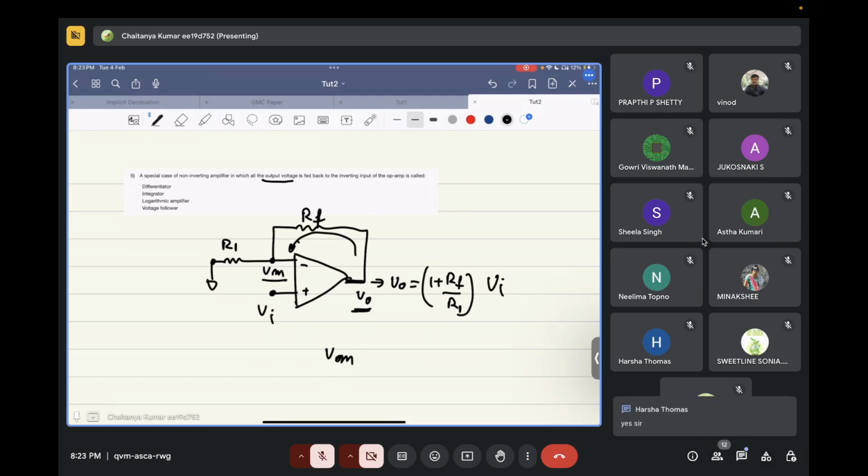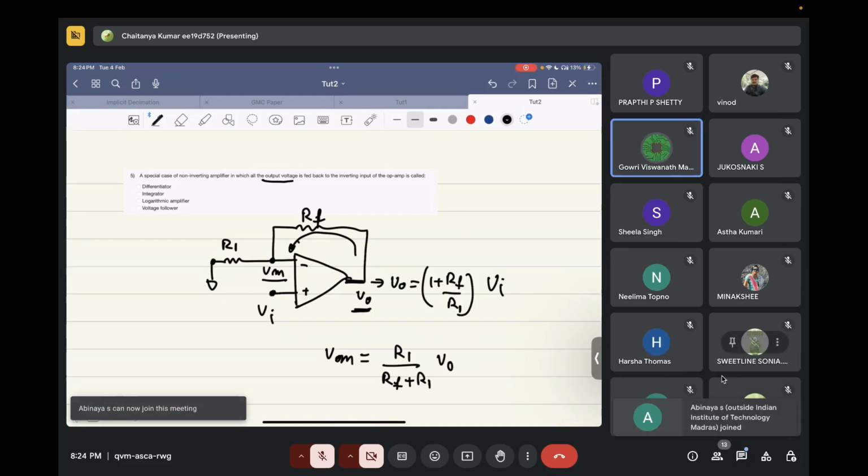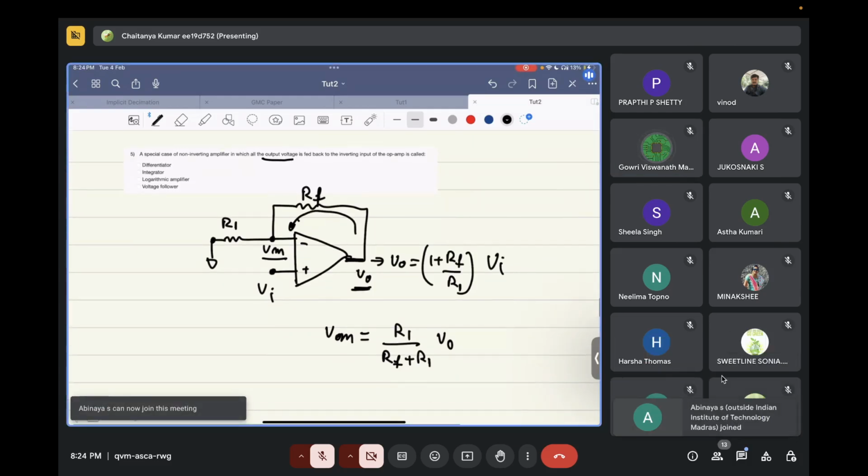Can you see this? Okay, so it's basically equal to R1 upon RF plus R1 times V naught. Correct? So a fraction of the output voltage is being fed back to the inverting terminal, right? Let's call this fraction beta.